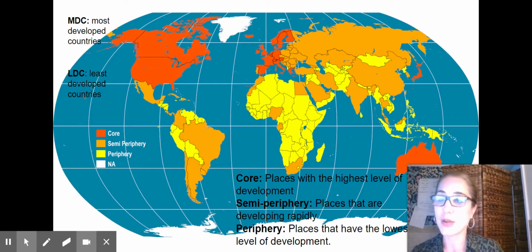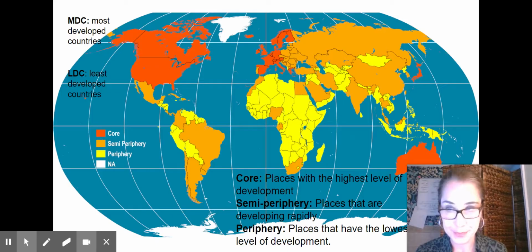You're noticing that there are three other terms on this map. We're going to refer to the countries that are the MDCs as the core countries. LDCs, or the least developed countries, are going to be referred to as periphery countries. Now, semi-periphery countries are places that were once periphery, but they're starting to see some rapid development.